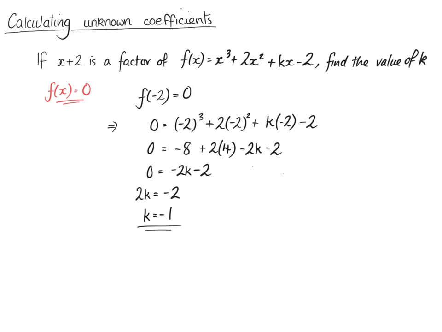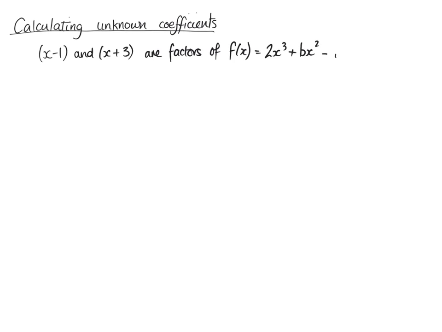Okay, so that question is, we know that x minus 1 and x plus 3 are factors of f of x equals 2x cubed plus bx squared minus 4x plus d.